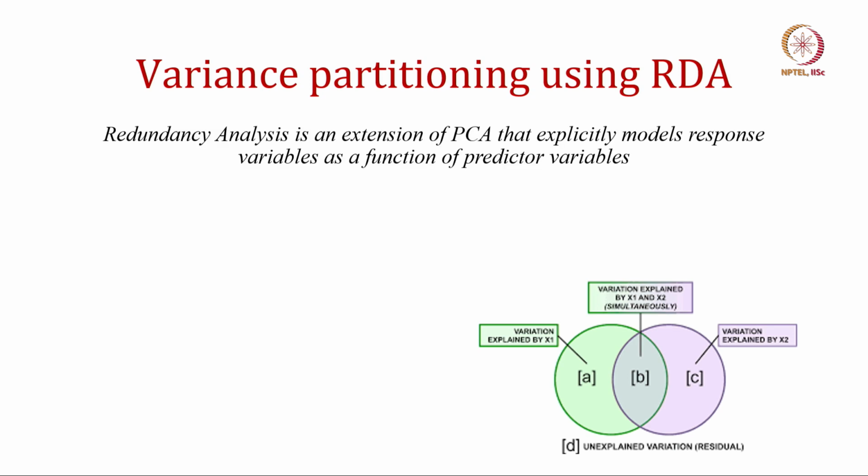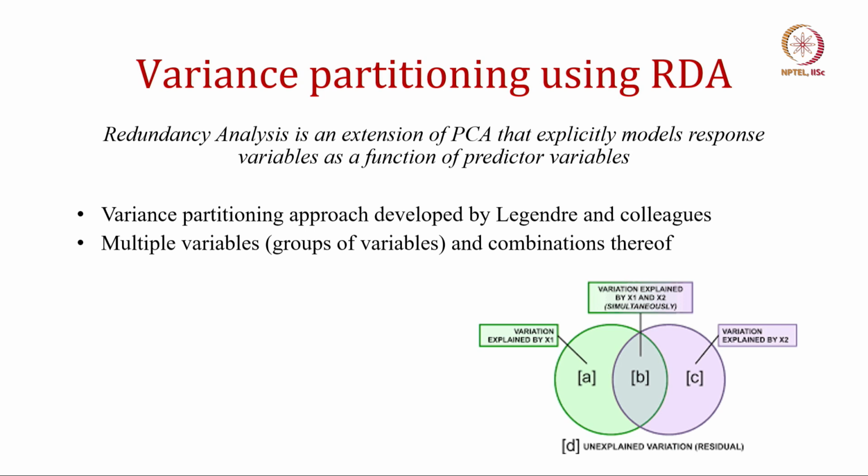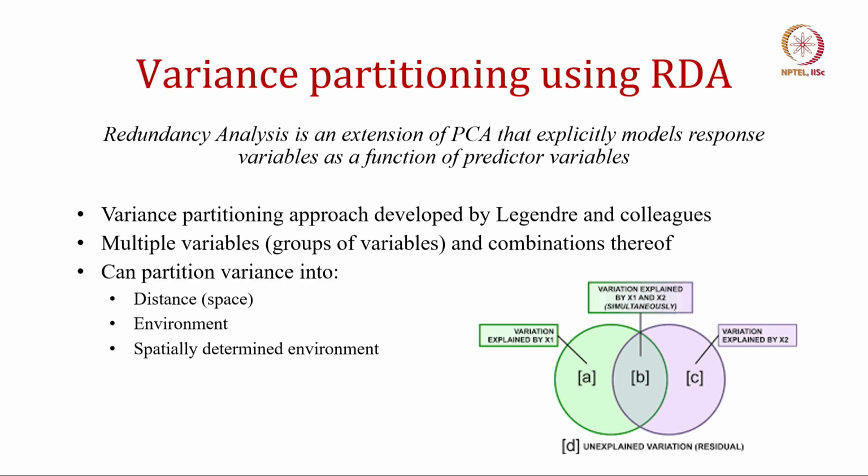A more recent approach is variance partitioning, which is based on redundancy analysis, an extension of principal components analysis. It was developed over the last couple of decades for the kinds of questions that we've just asked, and essentially our data set would comprise multiple response variables, the species composition, or the presence or absence of species in each of our sites, and environmental variables.